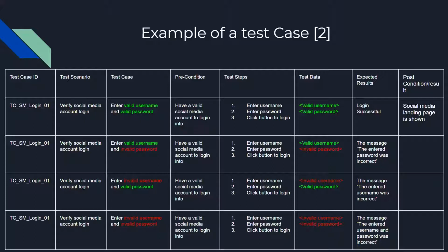So we see in the top row that because the user enters a valid username and a valid password, the post condition makes it so the user lands on their landing page. Whereas in all the other test cases, because there's an invalid factor, an invalid username or password, the user does not get into their landing page and they are stopped with an error message.